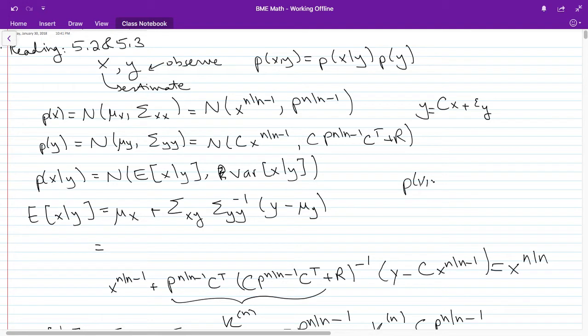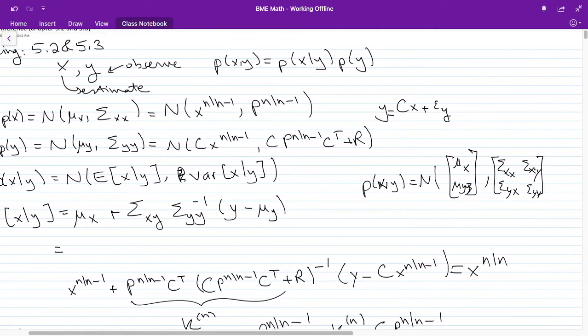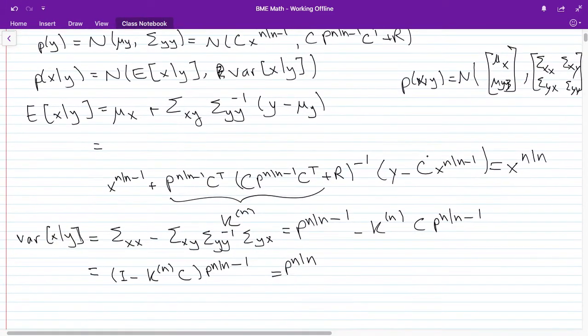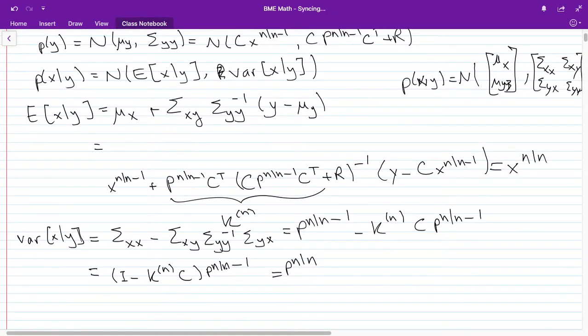P of x, y is going to be some normal with mu x, mu y, and the variance covariances of these terms. If you can write this, then you can factor out the conditional probability using this formula that I just wrote for you. And that would be your posterior.